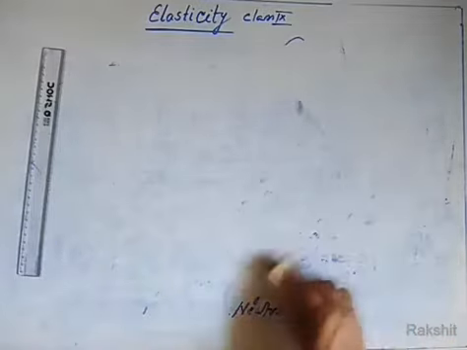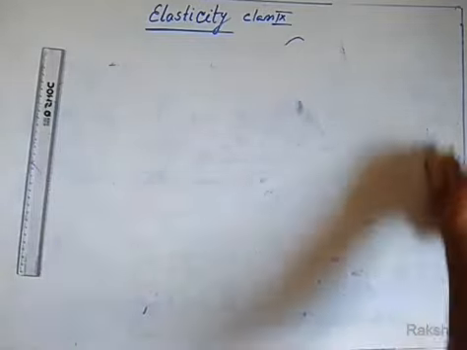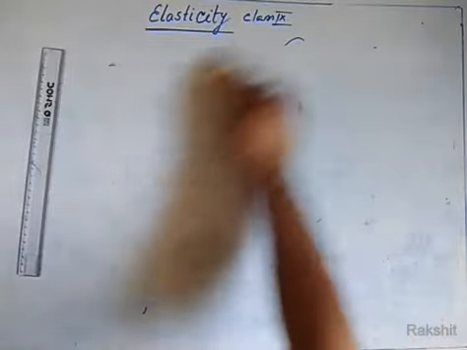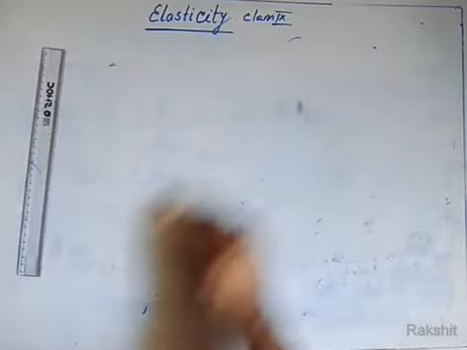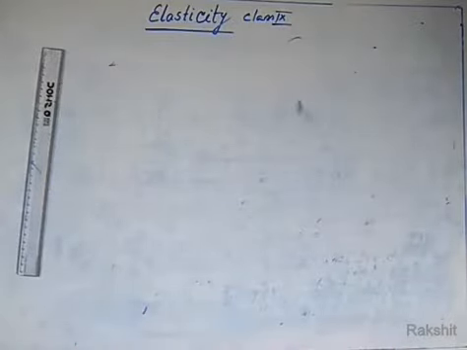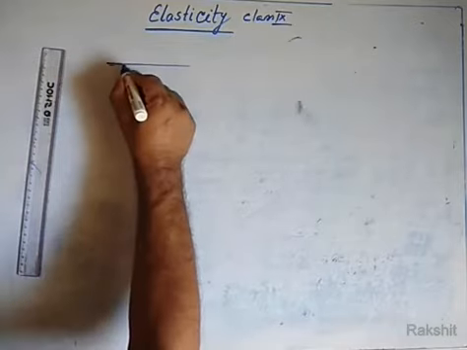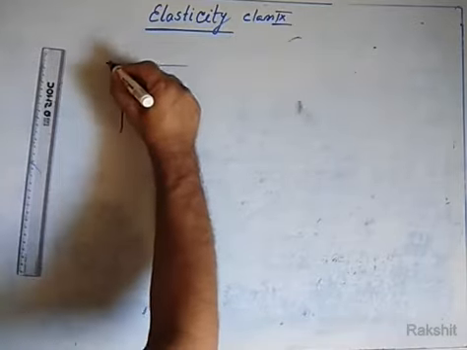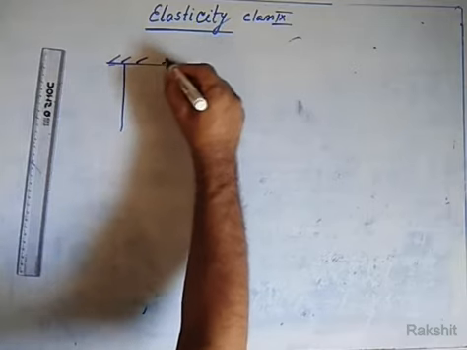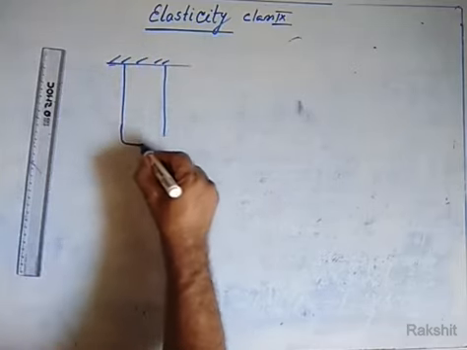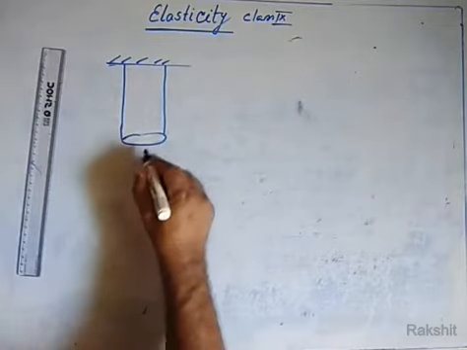Now we will define strain. The same example, I will draw the same picture again. So this is the ceiling and this is the rubber tube.